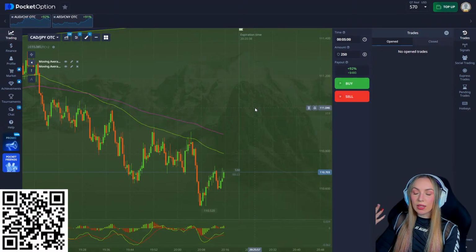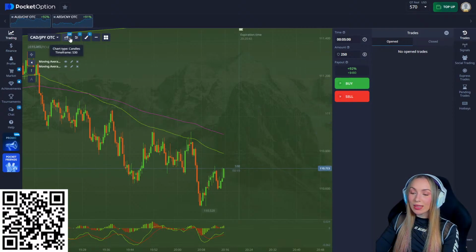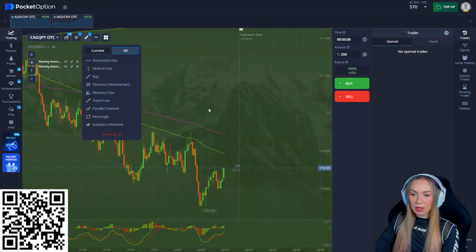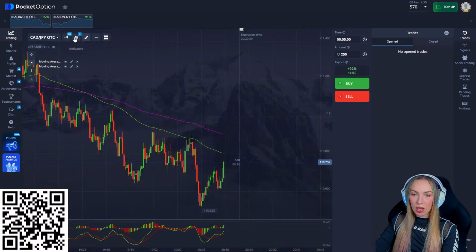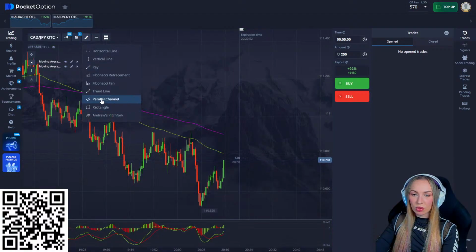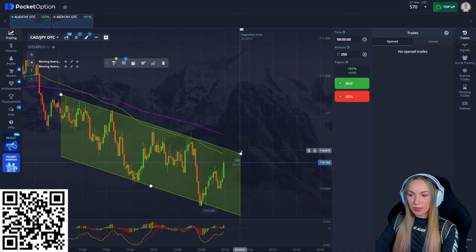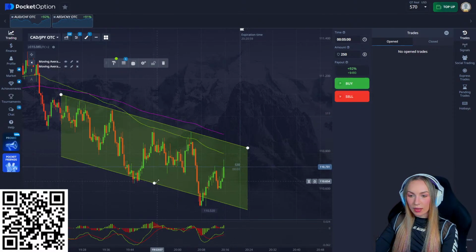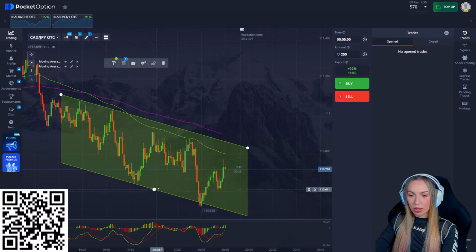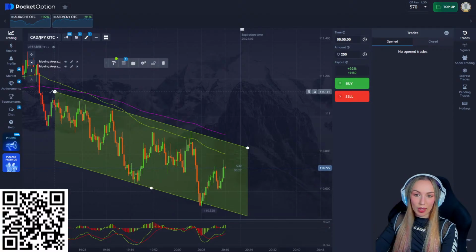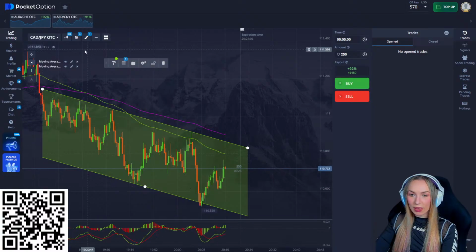But on the 30 seconds time frame, we can see that the trend is downward, and I can even draw a small downward parallel channel here.